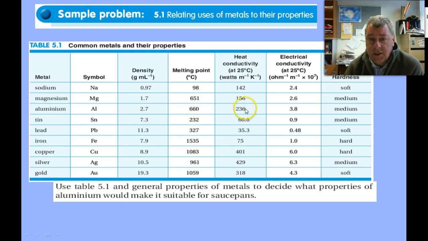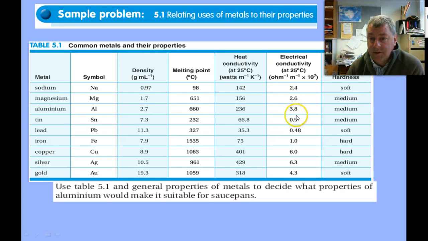It conducts electricity with a high value, up there with copper and silver and gold, but you wouldn't want to make pots and pans out of silver and gold. Some pots and pans are made out of copper, which is interesting as well. And electricity is pretty irrelevant really, because we're not going to plug it in. It's not the metal itself that's conducting electricity.